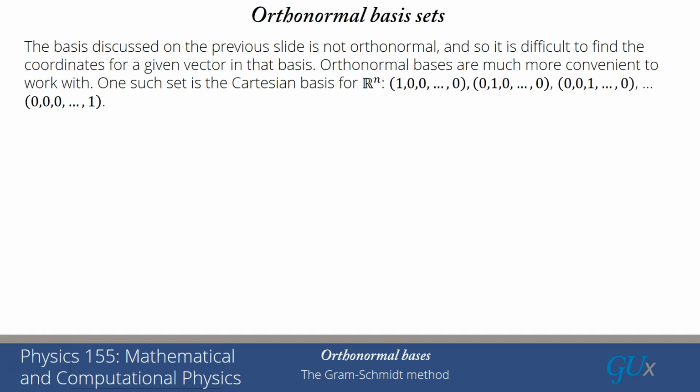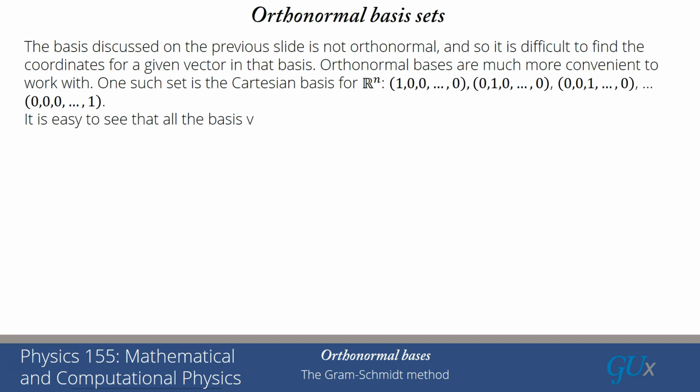So one such orthonormal basis for Rn is the Cartesian basis, 1, 0, 0, and so on, 0, 1, 0, etc., 0, 0, 1, 0, etc., all the way out to 0, 0, and so on, up to 1, with just a 1 in the last element, or the nth element.